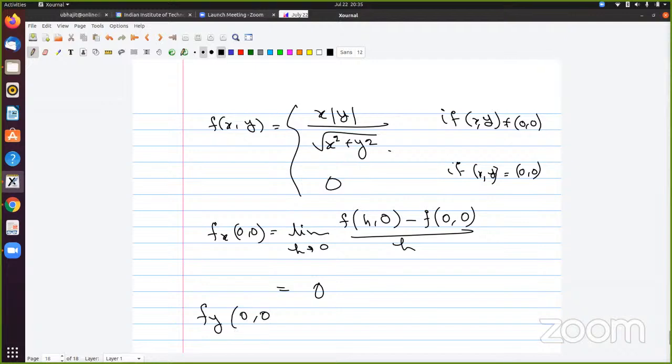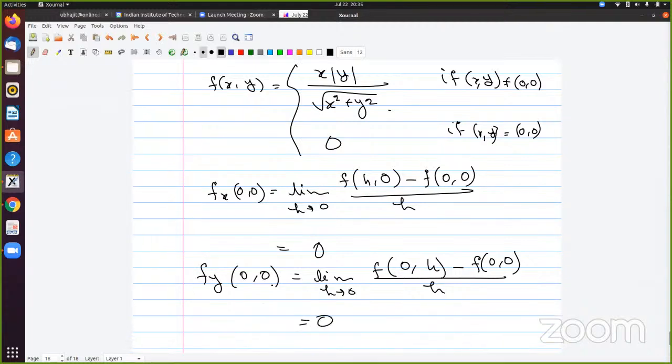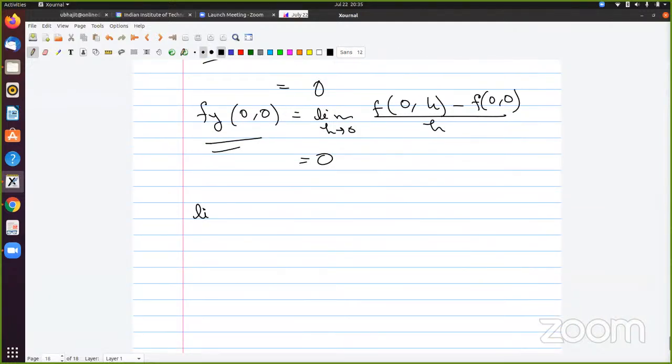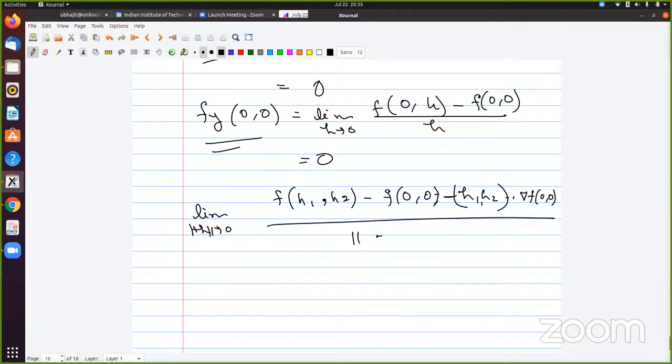And what about this? Zero again. So really this does not matter. Finding this is not really difficult here. So norm of h is going to 0. f of h1 h2 minus f of 0 comma 0 minus h dot gradient at 0, by norm of h.